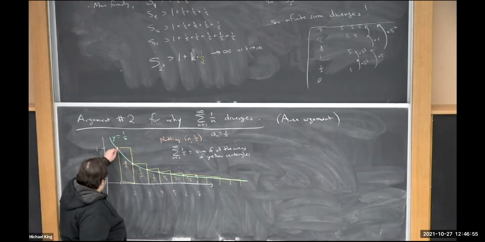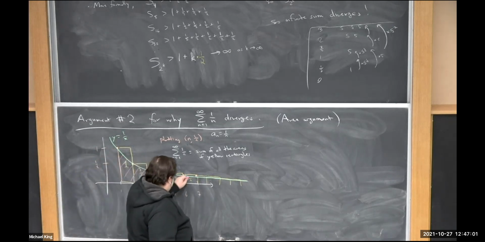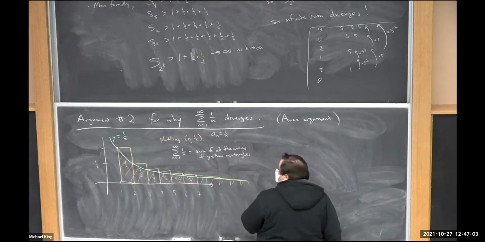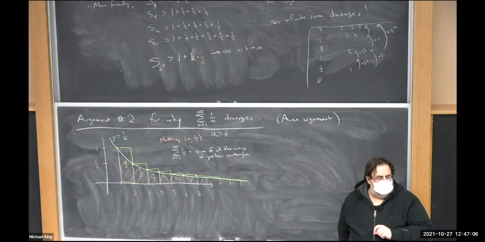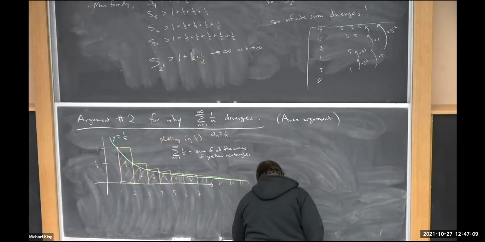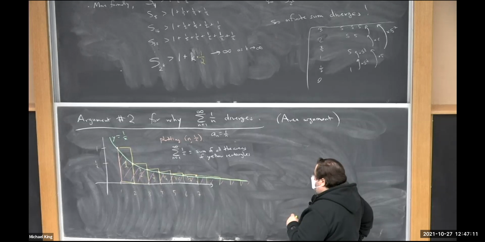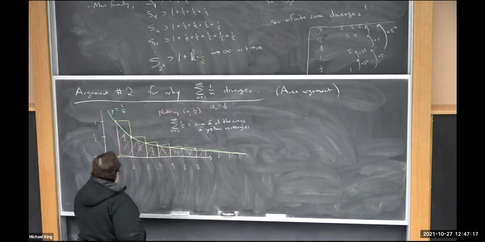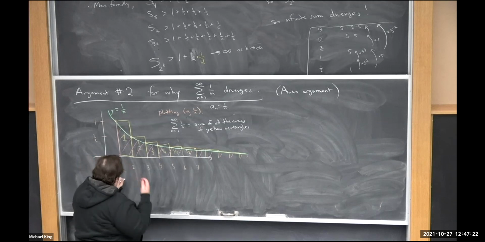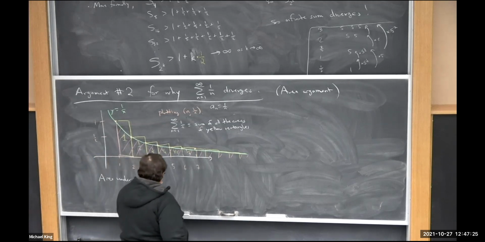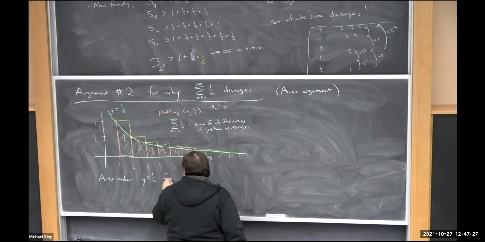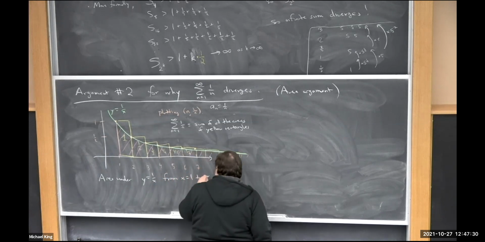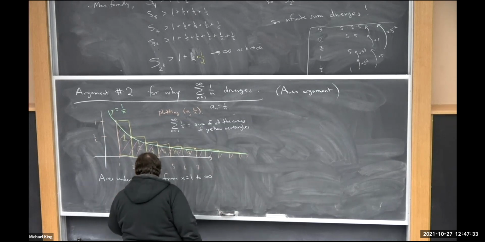There's another area we can think about, which is the area under this curve from 1 to infinity. So in fact, the area under y equals 1 over x from x equals 1 to infinity is the integral. It's an improper integral.